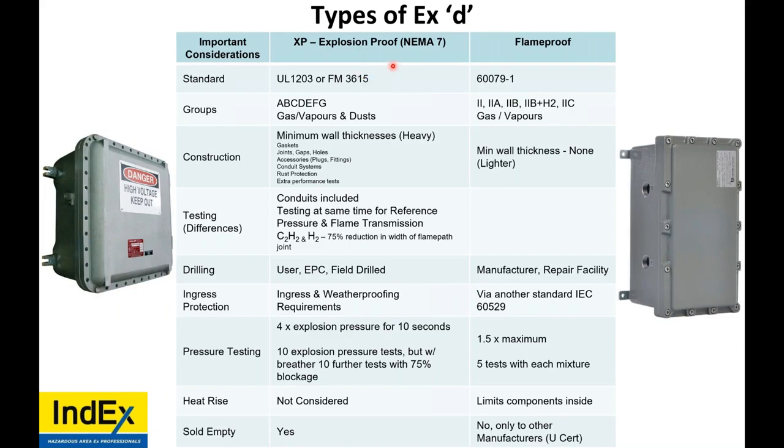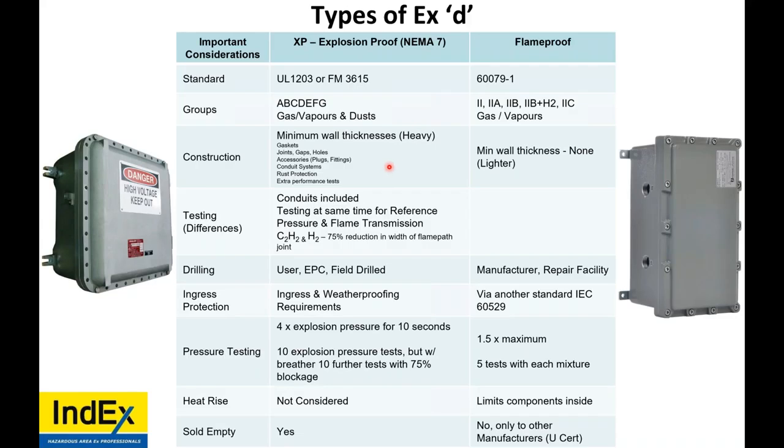Explosion proof is covered under UL 1203 or FM 3615, while flame proof is covered under the standard EN IEC 60079-1. So the differences between them. Well, for explosion proof, it's rated for all the gas groups and dust groups within the North American system, A, B, C, D, E, F, G. Under flameproof, it's only good for gases and vapors.